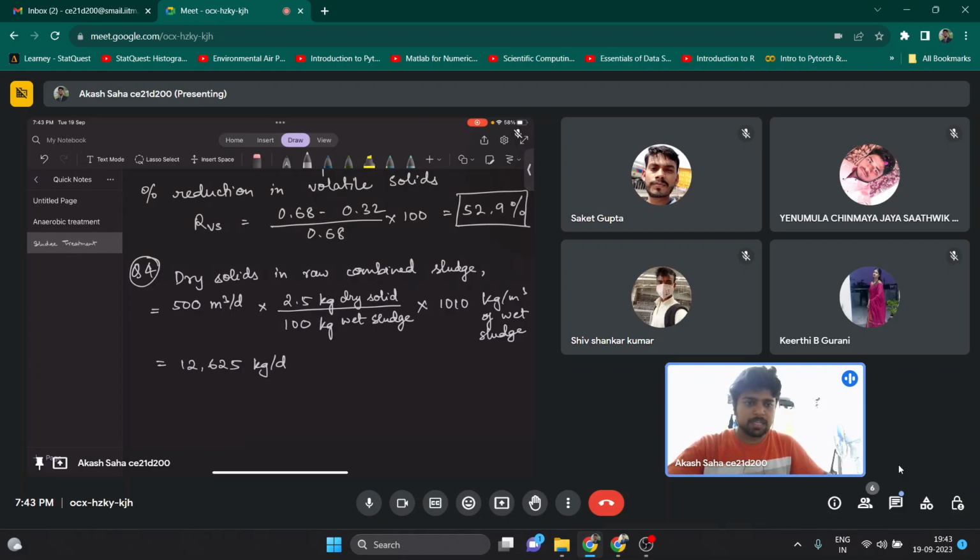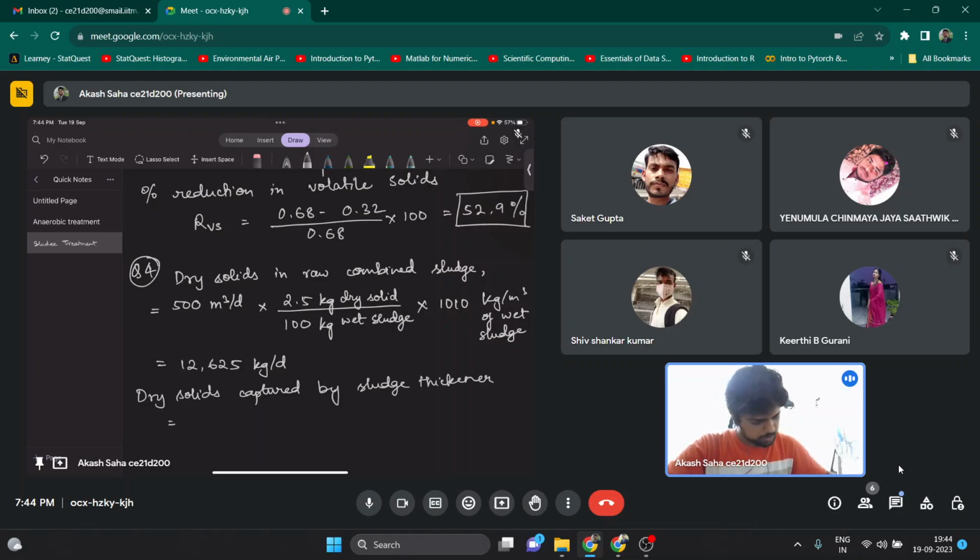Now this raw sludge is moving into the thickener. In the thickener, the solids will get captured. The capturing efficiency is given as 85%. So we will find the dry solids captured by the sludge thickener.